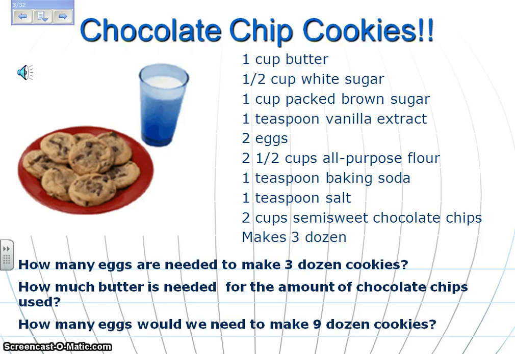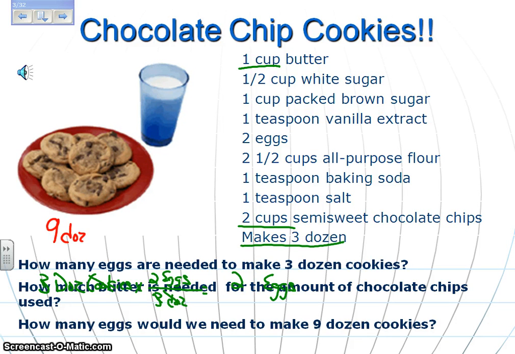Now, what if we wanted to look at how many eggs would be needed in order to make 9 dozen cookies? Well, all we would do then is we would go back and take our unit multiplier, and instead of starting with 3, we start with 9 dozen.